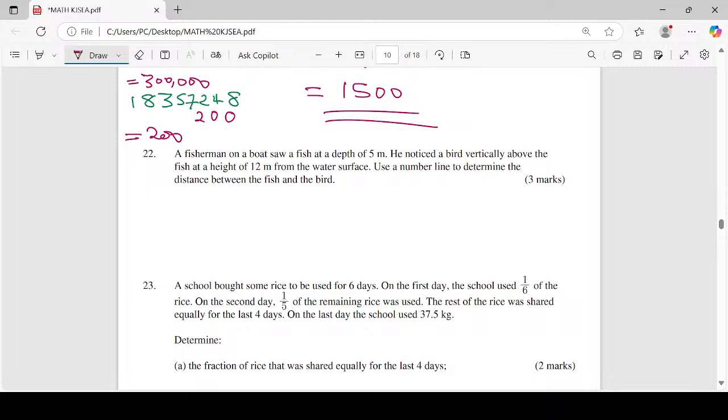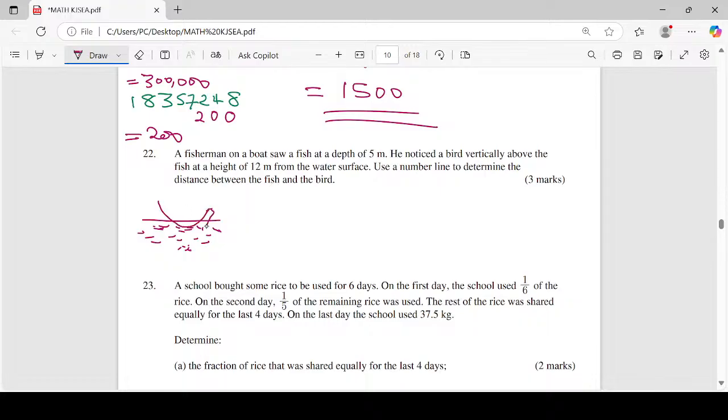Remember that a fisherman on a boat saw a fish. Assume this is the ground, and down here we have water, and this is the surface of the water. Here we have our boat.